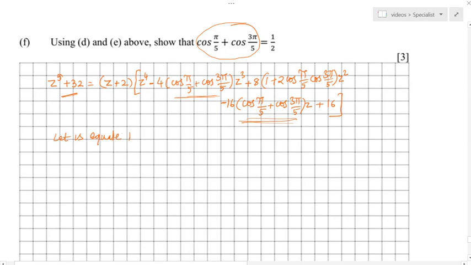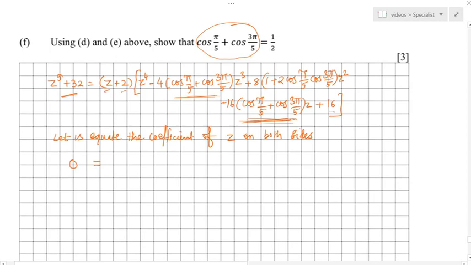let us equate the coefficient of z on both sides. Now on the left hand side, the coefficient of z is equal to 0 because there is no z term here. On the right side, I'll get a z when I multiply this term with the 2 here, and that z with this 16 here.